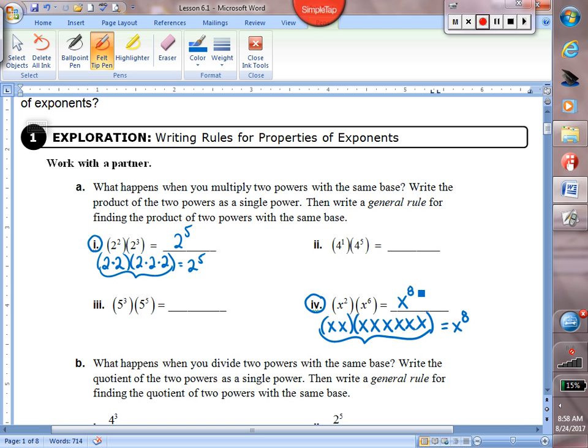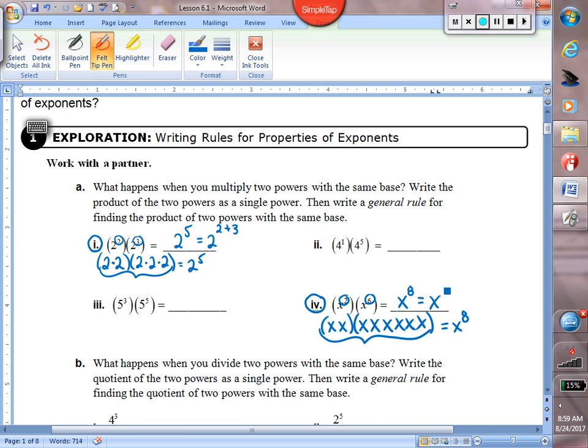Now if we look at the two examples that we expanded out to simplify, we can notice a pattern. To get 2 to the 5th power, what could I do with 2 and 3 to get 5? Well, I can add them together. With x to the second times x to the 6th, I have a 2 and a 6 for my exponents.